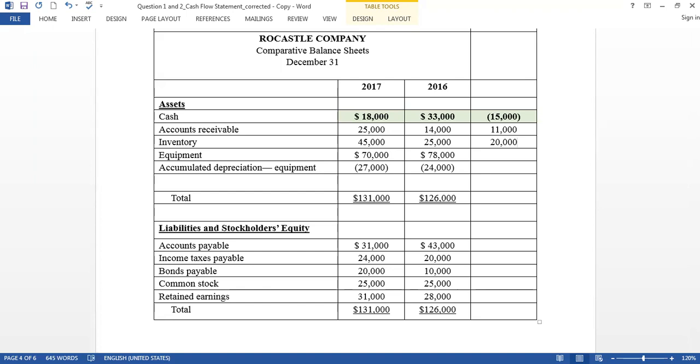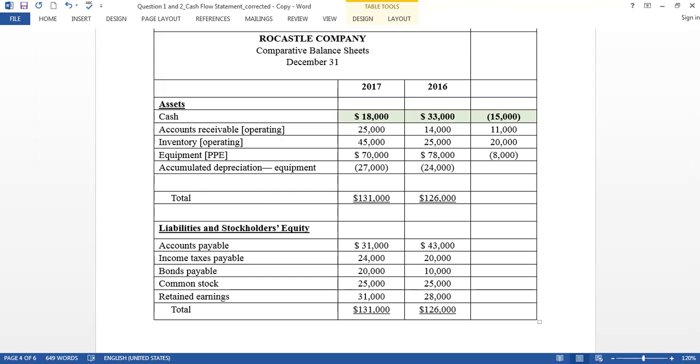And we know that these are operating. Equipment is property, plant, and equipment, and it is $8,000 decrease.